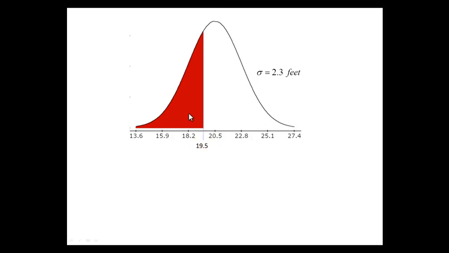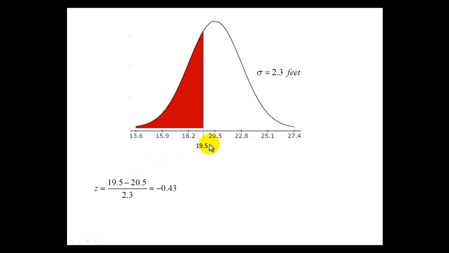So in order to get the probability, which is the shaded region right here, we need to convert our axis into a z-score. So we'll take our 19.5 feet, subtract off the 20.5, which is the mean, and divide by our standard deviation of 2.3.